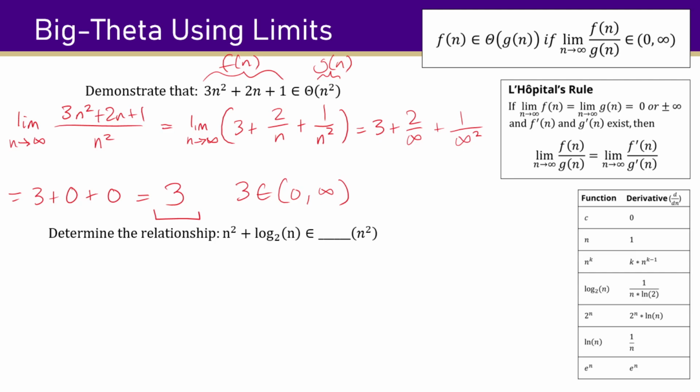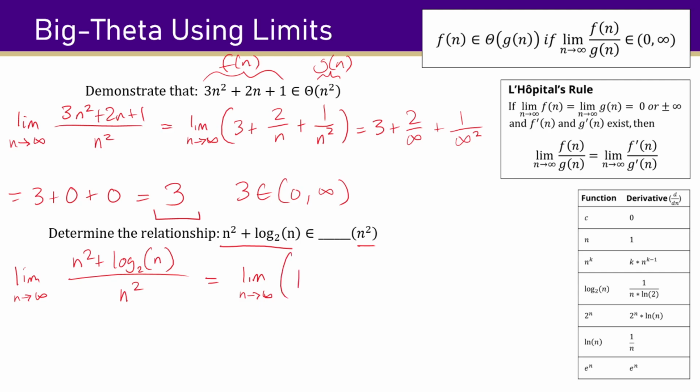All right, and for this last problem, we don't know if this is going to be big O, big theta, or big omega. So let's take a look. So we got our f of n and our g of n. So we'll set up that limit again. So the limit as n approaches infinity of n squared plus log base 2 of n divided by n squared. Work that out. So we can say that those n squares cancel out, right?